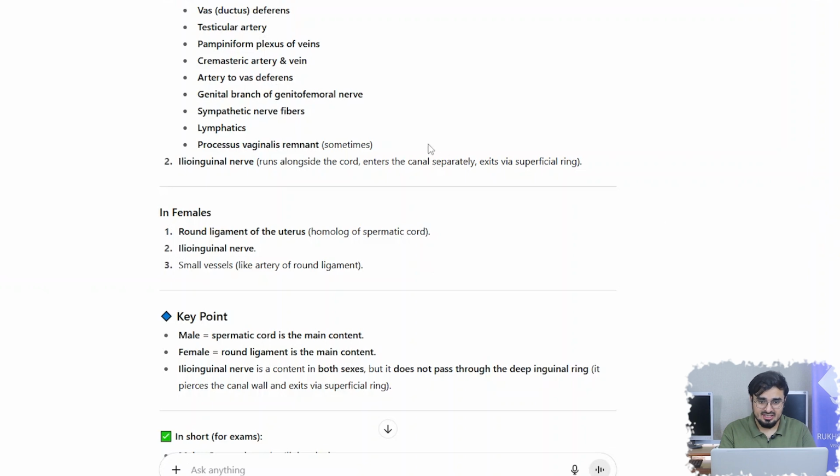And since we discussed that the genital branch of genitofemoral nerve makes its way through spermatic cord, this will not be present in females, but ilioinguinal nerve is definitely going to be present. In addition to these nerves, arteries, veins, we're going to have some lymphatics present both in males and females that drain lymph from lower limbs and genitals.